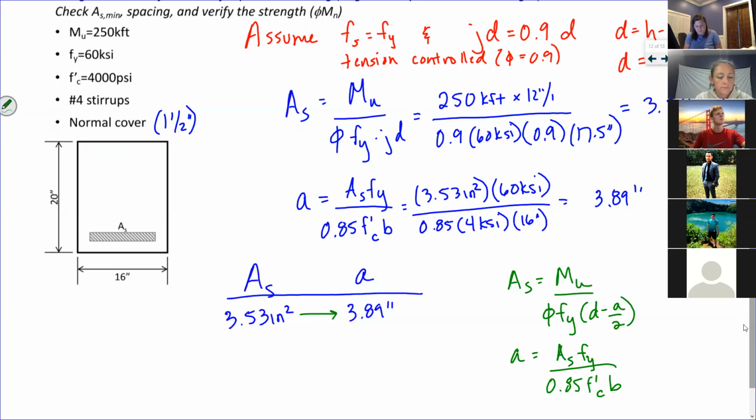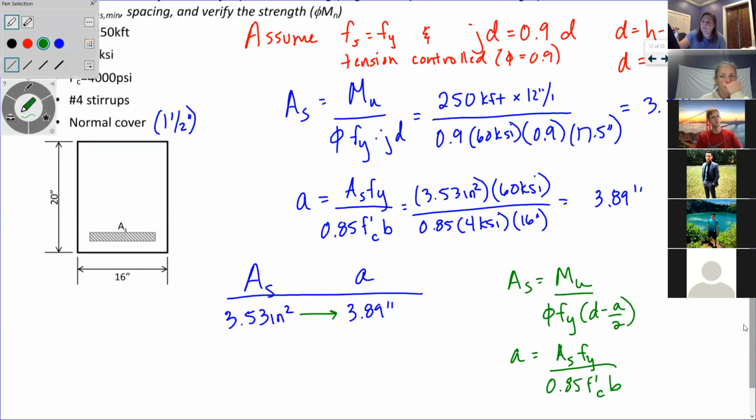So I take 250 times 12 divided by 0.9 times 60 times (17.5 minus 3.89 over 2), and I get 3.57. So I'm not that far off already.